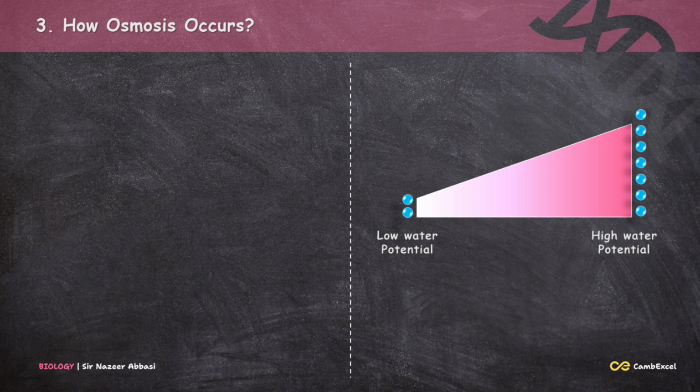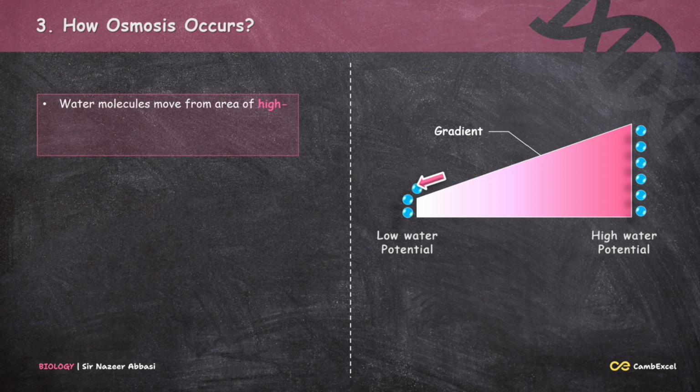It creates a gradient for the water, and the water molecules would start moving from the area of high water potential to the area of low water potential without spending any energy. So we could conclude that water molecules move from the area of high water potential to the area of low water potential, and it's the passive movement of water molecules and no energy is needed.